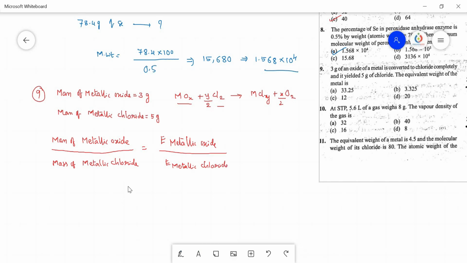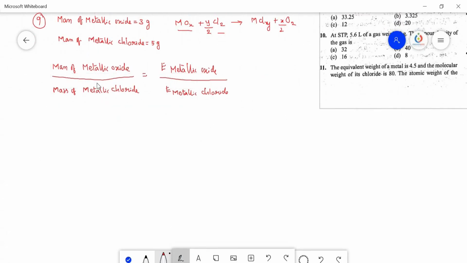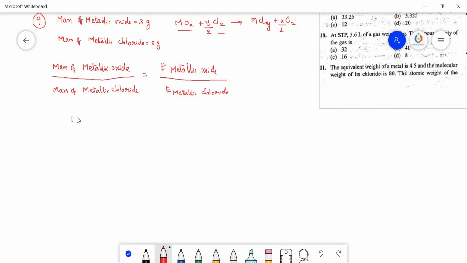Okay, now see here, mass of the metallic oxide, MOX, divided by mass of metallic chloride, MClY, is equal to equivalent mass of the metallic oxide.